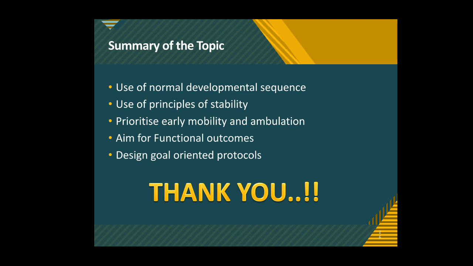And last but most important, we have to design the protocols which are goal oriented, and we should not just stick to the theoretical protocols which are given in the book. We have to work according to the patient's need and patient's goal which are functional.